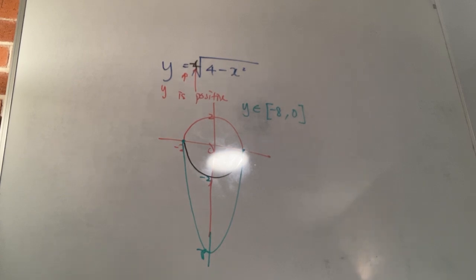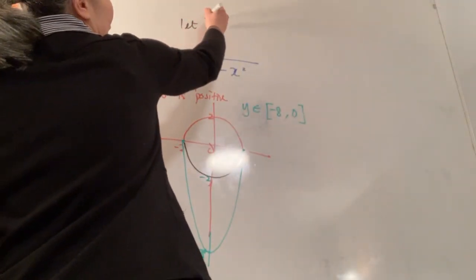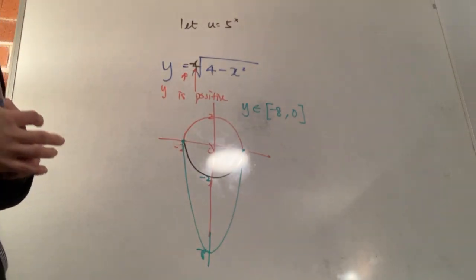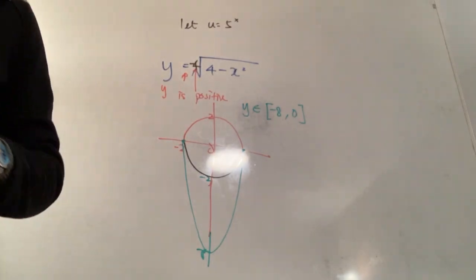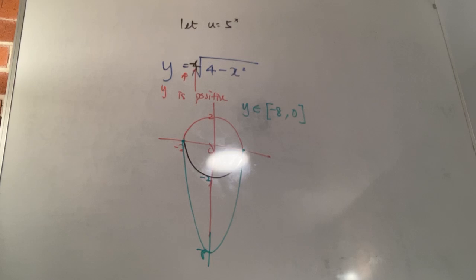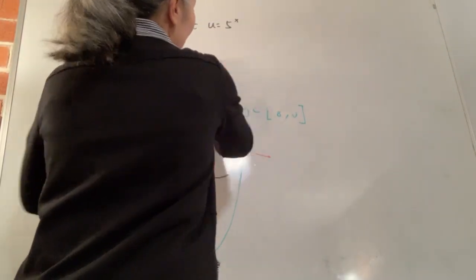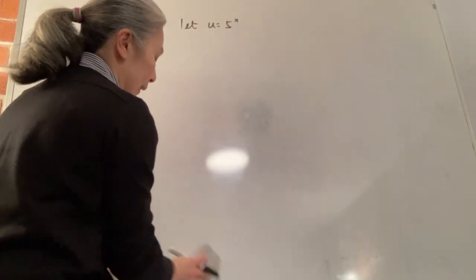You are going to sub it: let u equal 5 to the power x. Is that what you do whenever they have two of them repeating? Whenever you see something repeat, let it be u. So I can change that question to something more like this, e to the power x.